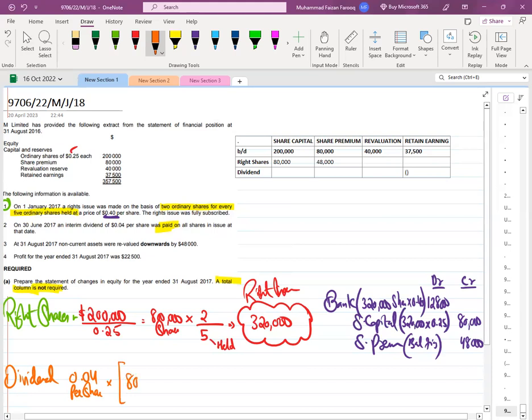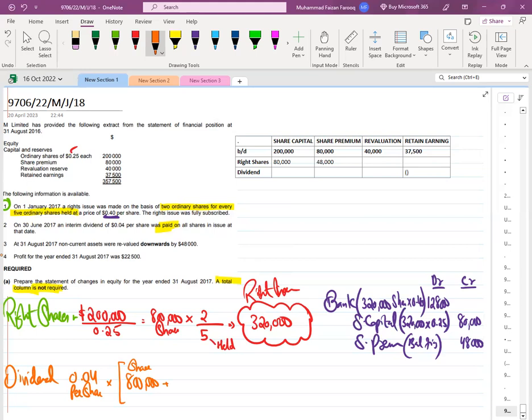We have 800,000 shares at beginning, and before note number 2, before 30th June, on 1st of June we already had a rights issue. I told you earlier, if the rights issue or bonus issues are before the dividend, they will be clubbed, they will be added up, and then the dividend rate will apply to find out the dividend value, right or wrong?